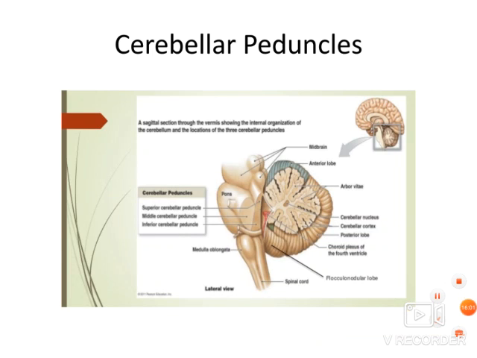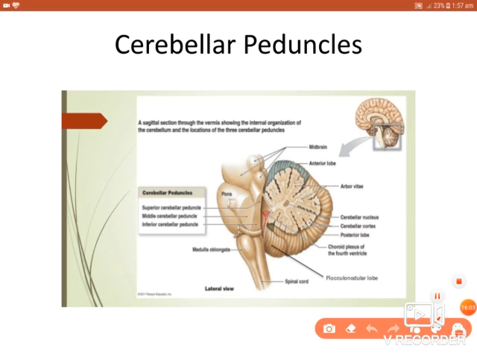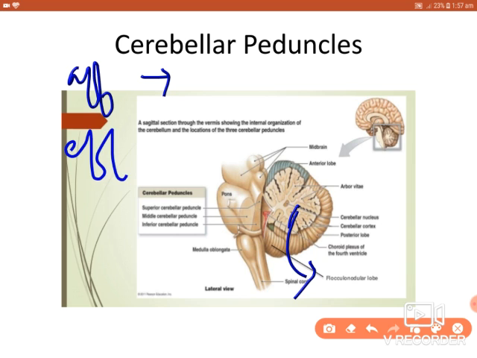Then coming to this white matter of this cerebellum, there are afferent fibers, those fibers or the tracts entering to the cerebellum. Then there are efferent fibers which are leaving from the cerebellum.